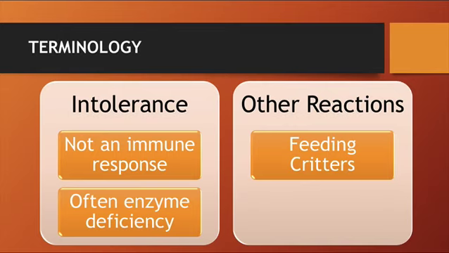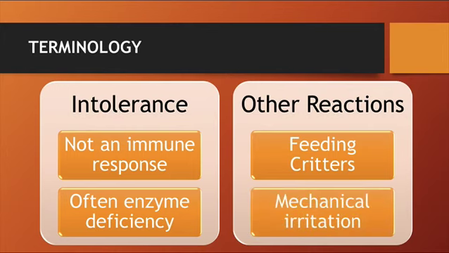Now, we can also have another general category of food reactions that are independent of creating an immune response, and that would be things like mechanical irritation. And this would require that the gut is already inflamed to the point where any type of mechanical stimulation, things inside the gut space, actually cause irritation.